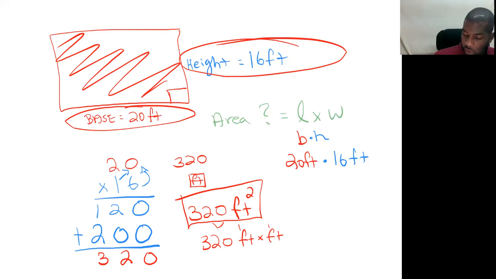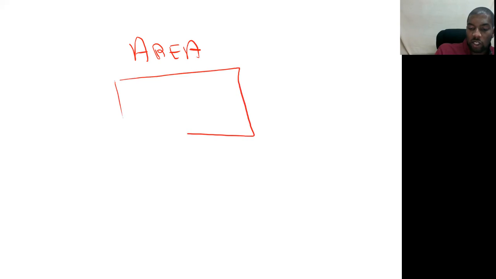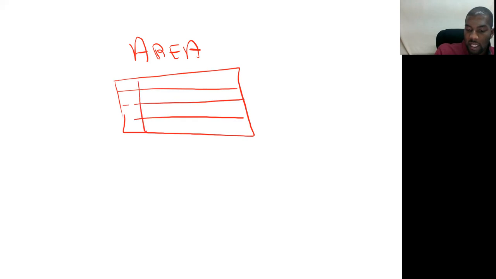All right, so let's review for today. Today we learned about area. We learned that area is how many squares it takes to fill up a rectangle or any shape.